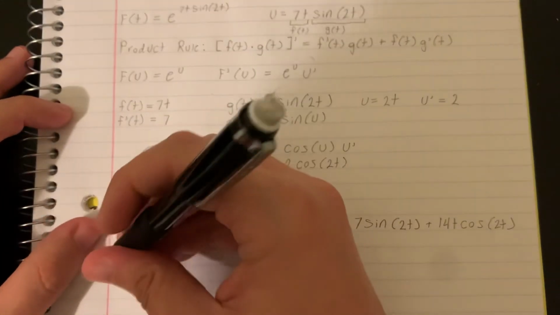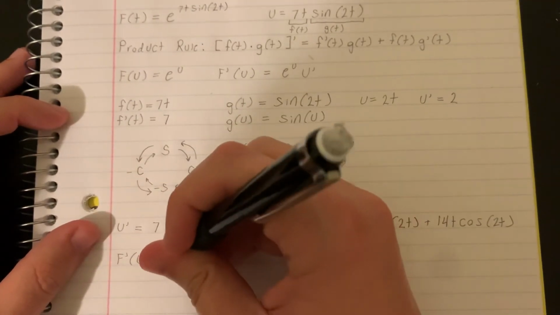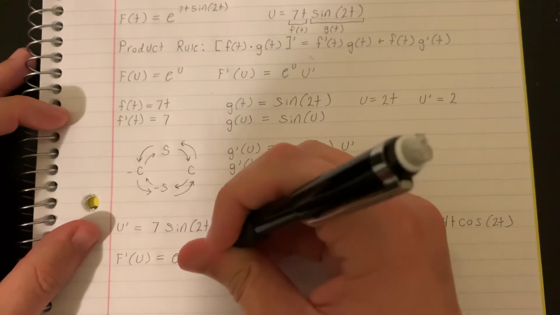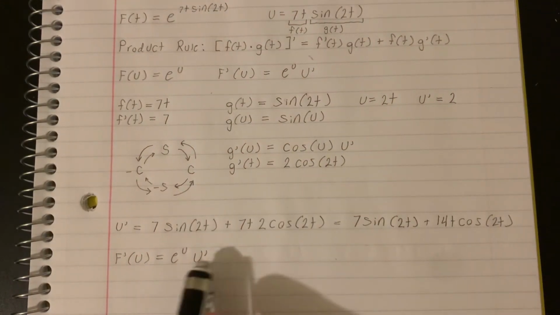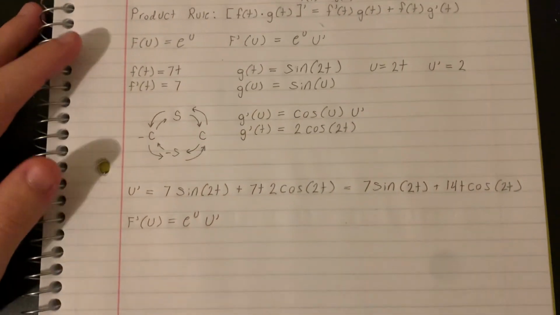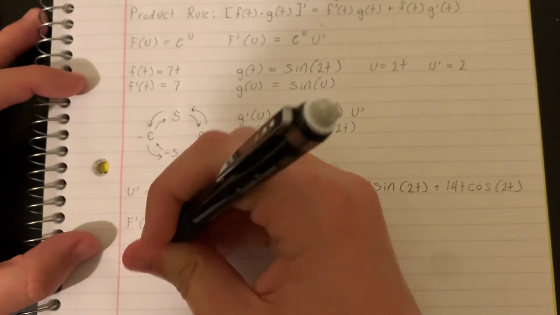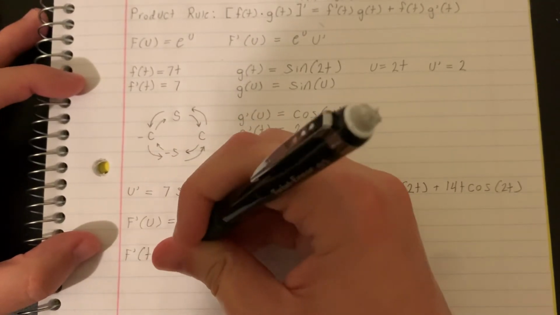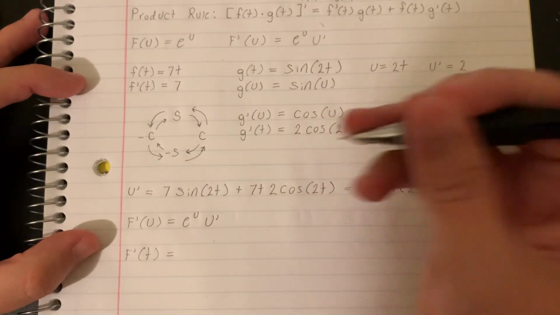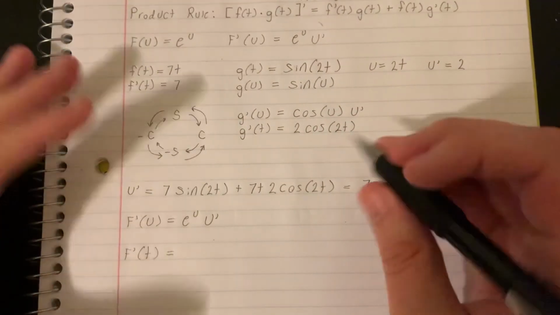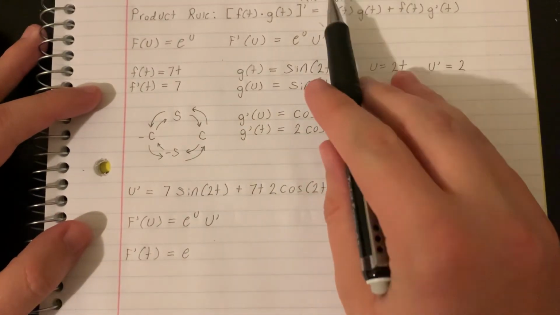So let me rewrite our f prime of u, which equals e to the u times u prime. And in this case, I'm going to write this with the u prime last. I'll leave the e to the u up front.